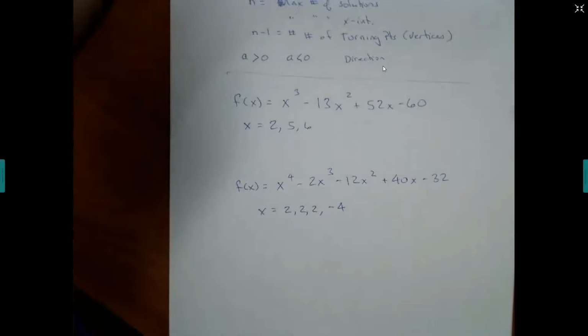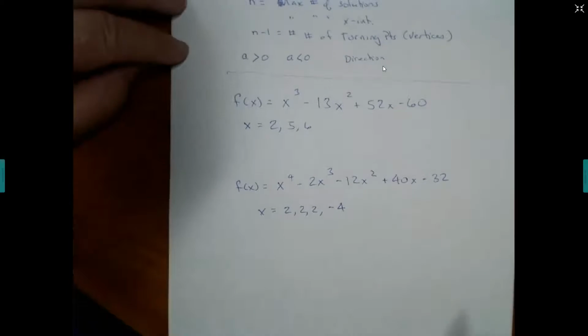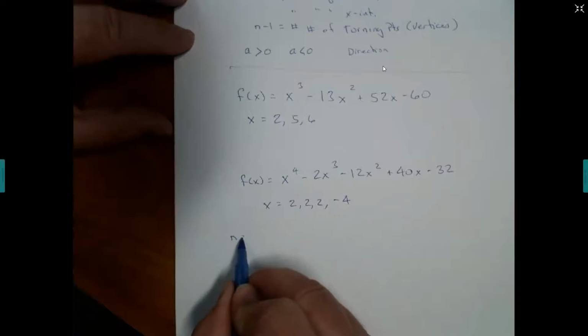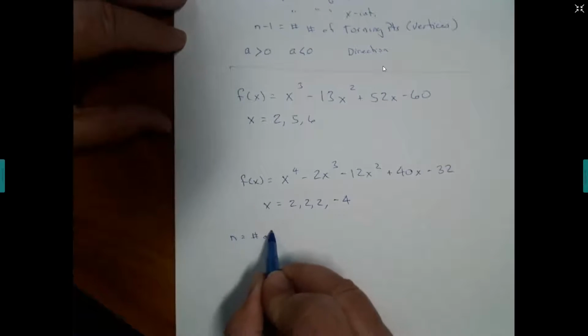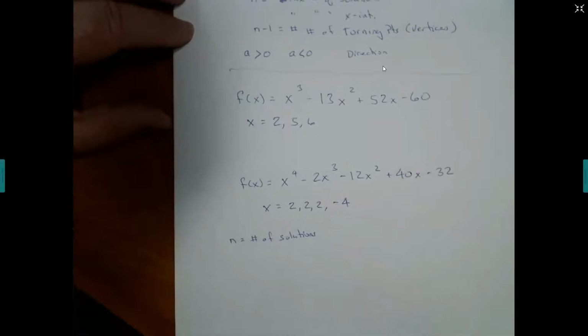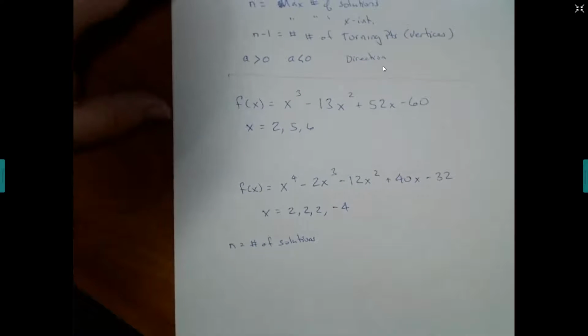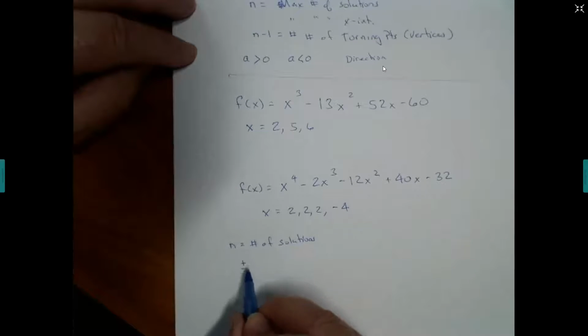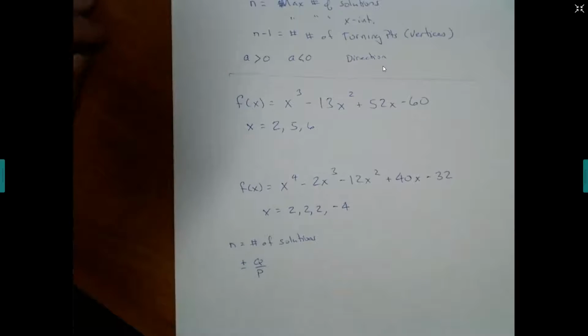Now I want to show you another procedure to narrow down the possible numbers we have. Since we know n tells us the number of solutions, but there's an infinite number of possible numbers, we then go to the rational zeros.